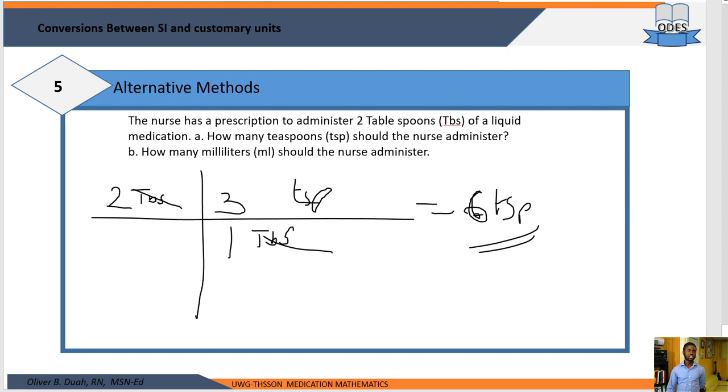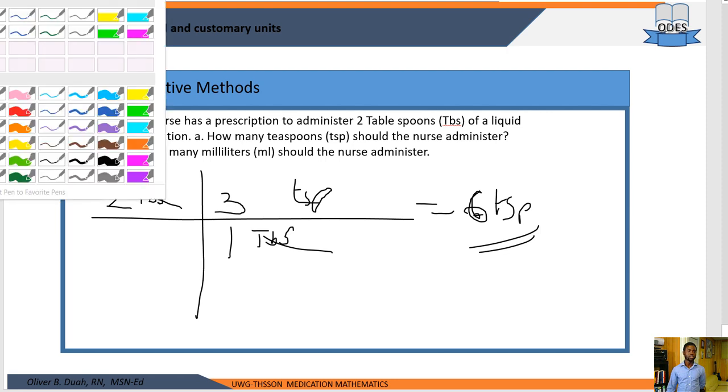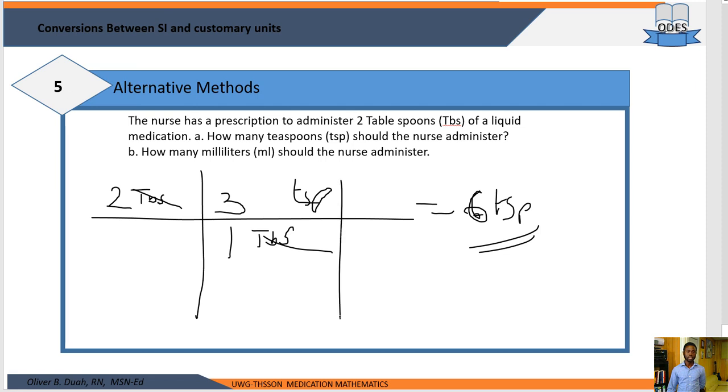Okay, so we can just add on to this and say, okay, now we want our answer in ml.